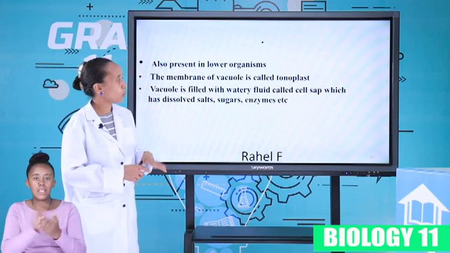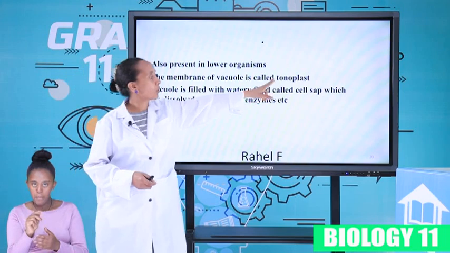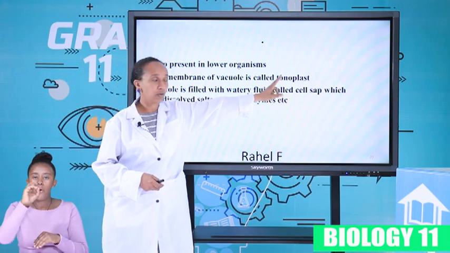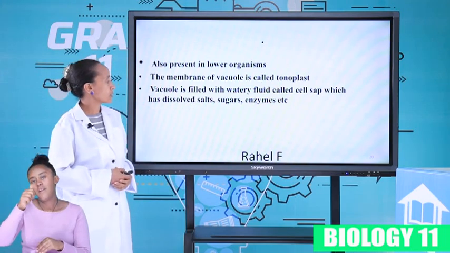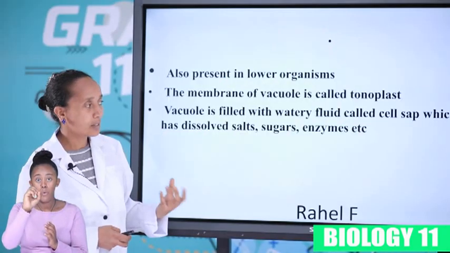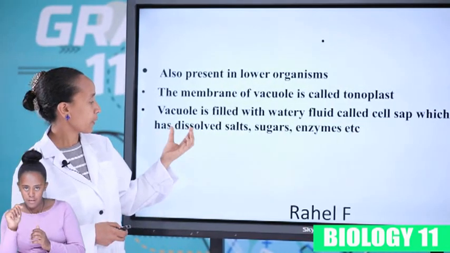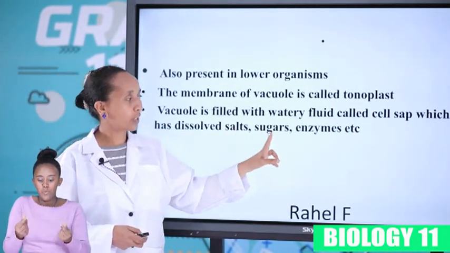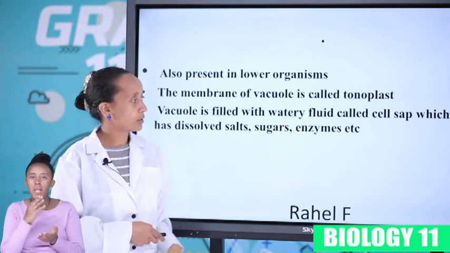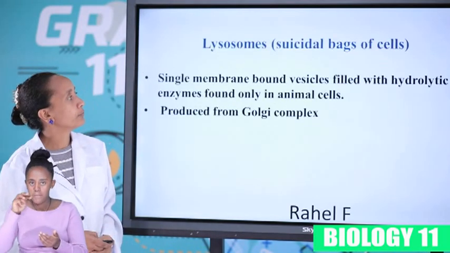The cell sap is contained in a membrane known as tonoplast. The vacuolar membrane is known as tonoplast, and the cell sap contains dissolved salts, sugar, enzymes, and so on.